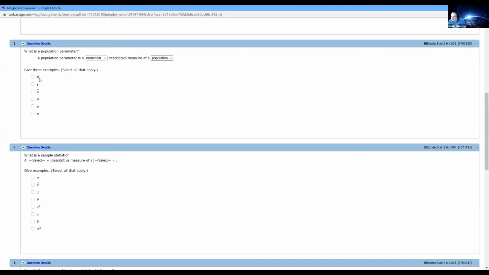So it's not a parameter. On the other hand, P is. P would be the percentage of Americans who are in favor of abortion. That's a population number. Remember, a parameter is a number from the population. A statistic is the same kind of number, but you're getting it from the sample.